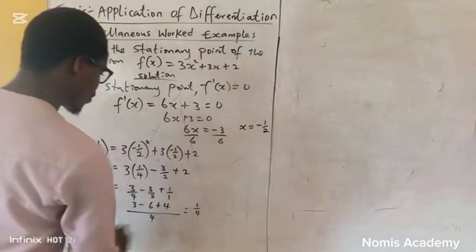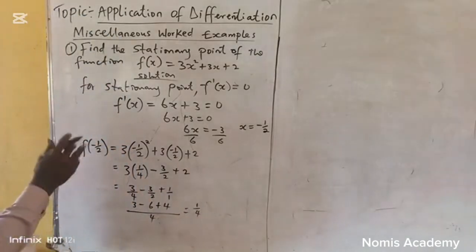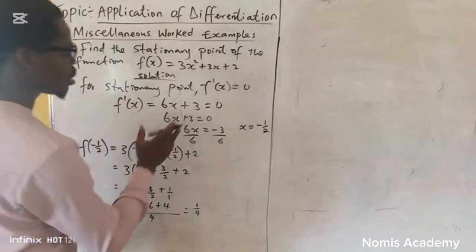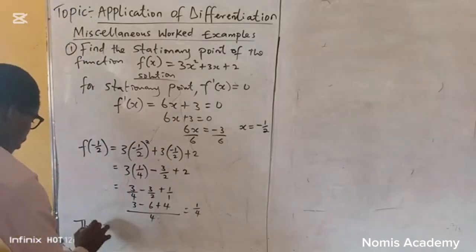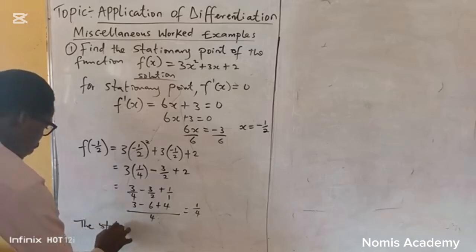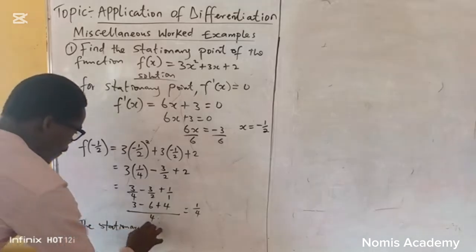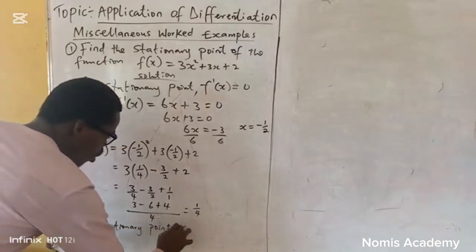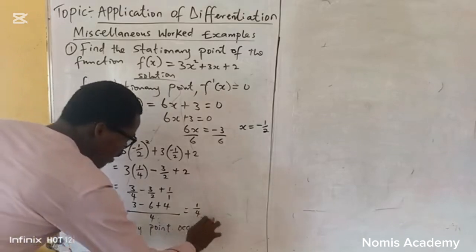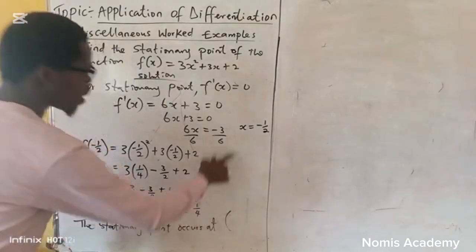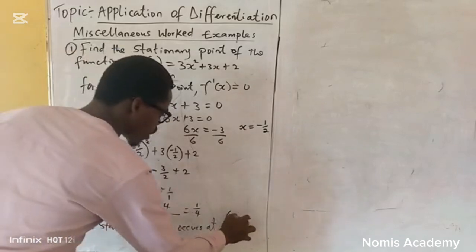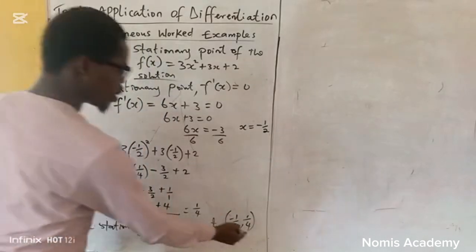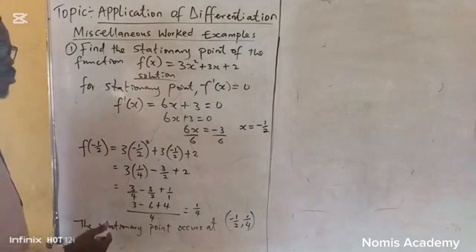So at this point, we can now state that the stationary point occurs when x is minus 1 over 2, y is 1 over 4. So this is the stationary point.